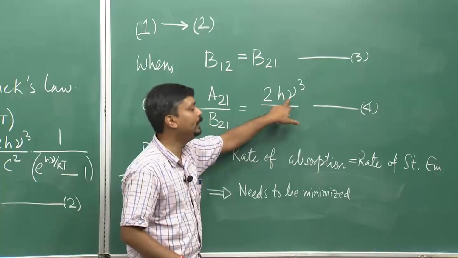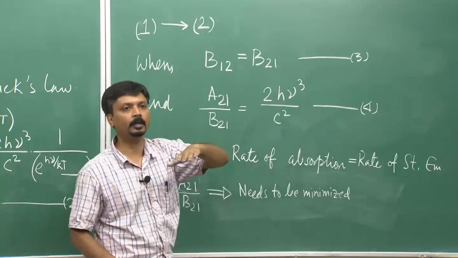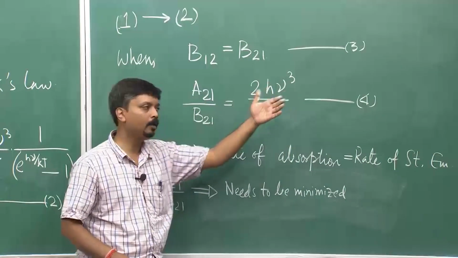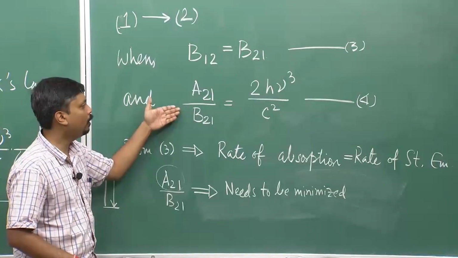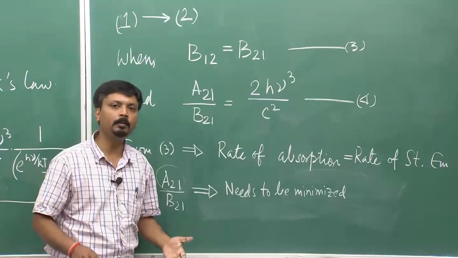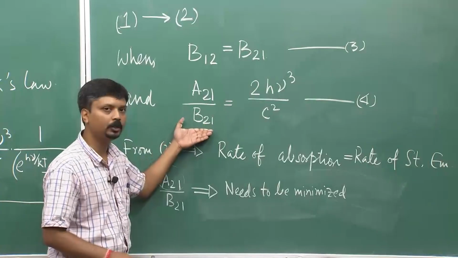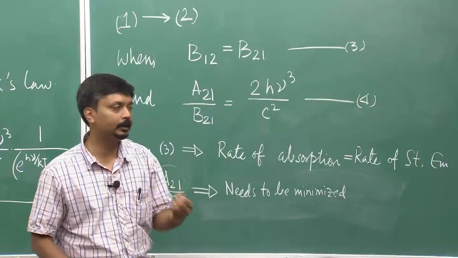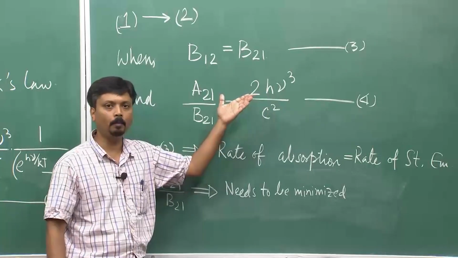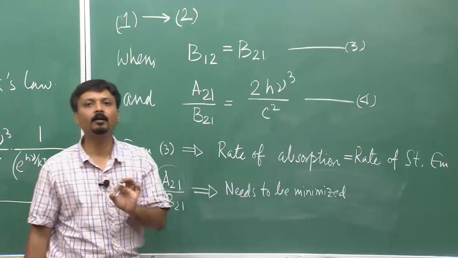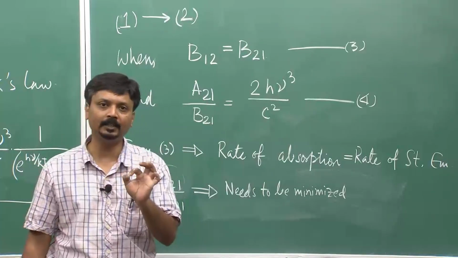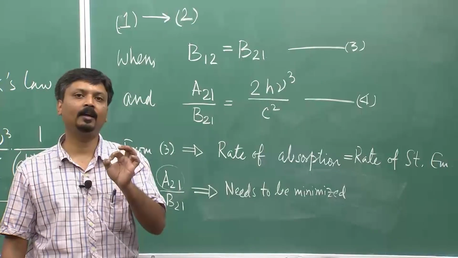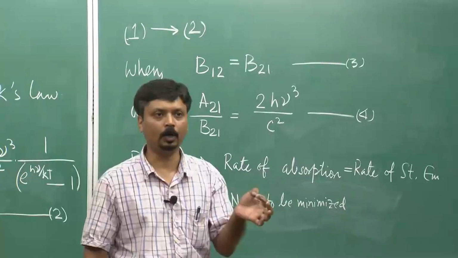Now, if I increase this frequency, so if I go from say microwave to infrared to visible to ultraviolet to X-rays, the probability of spontaneous emission will be much more compared to stimulated emission. Thereby, my job will be very, very difficult to achieve laser action at that high frequency compared to a lower frequency. And if you remember my first class where I mentioned this, getting lasers at a higher frequency is a very challenging job.